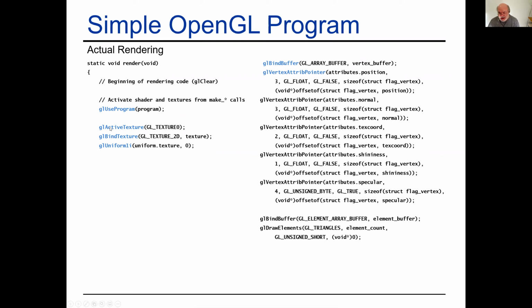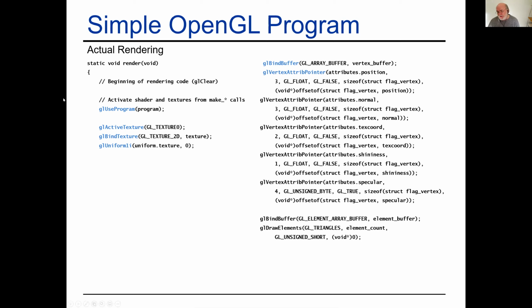We will activate the texture, again, something that you could do only once. In this case, you don't have to do this for every frame. We activate texture 0, we bind our texture to that value, and we tell the current program that this is the slot in the uniform variables for the variable called texture in the shader, right?